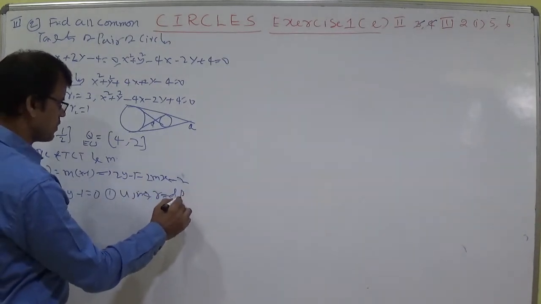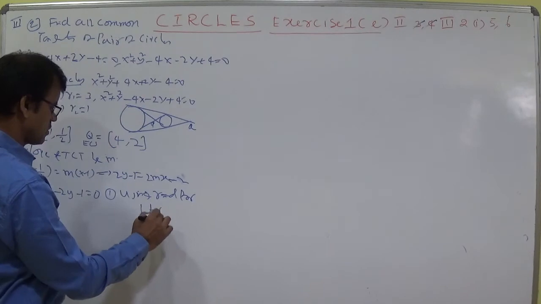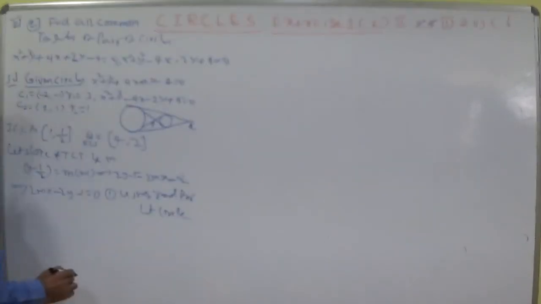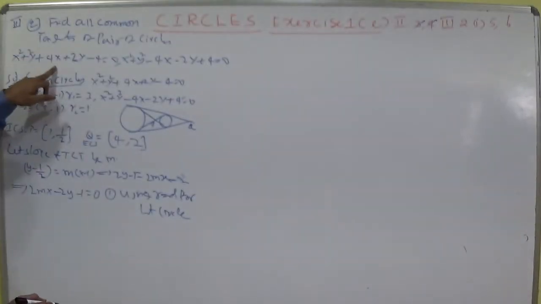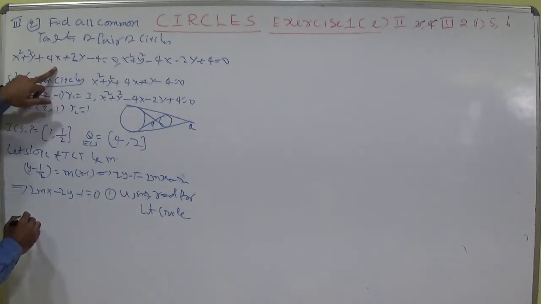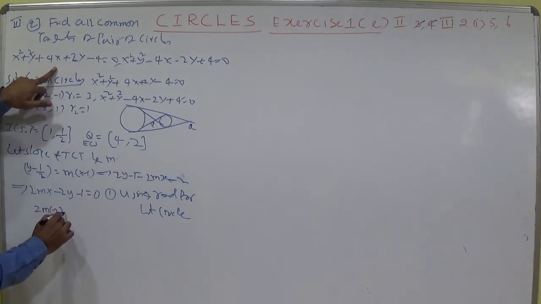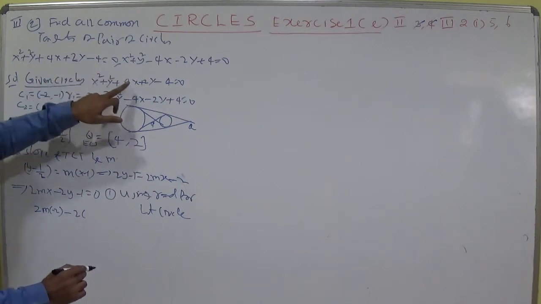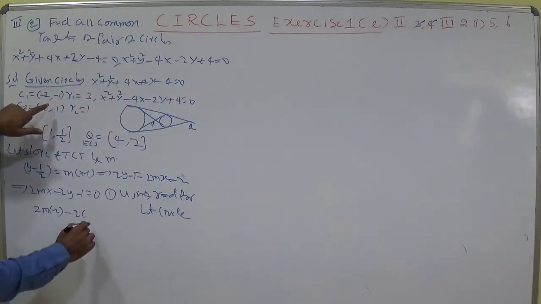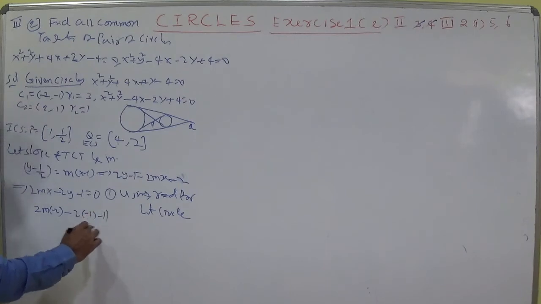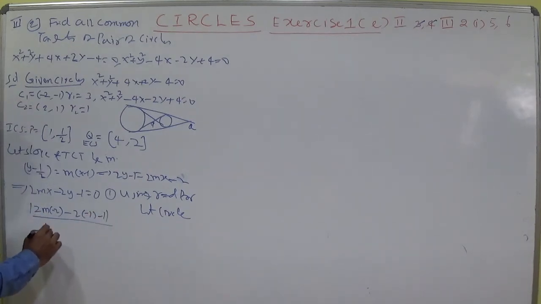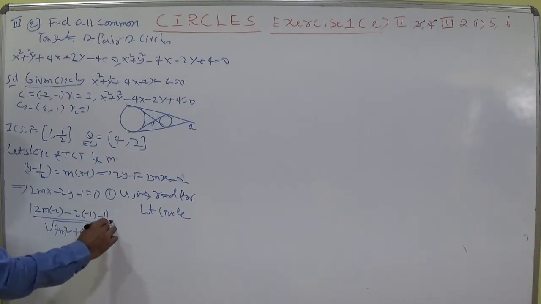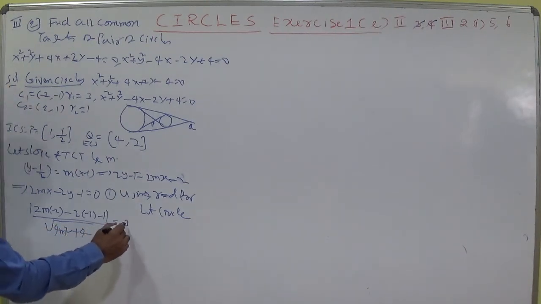Putting R is equal to D for the first circle, C1: modulus of 2m into minus 2, minus 2 into minus 1, over root of 4m square plus 4, is equal to radius 1, which is 3.